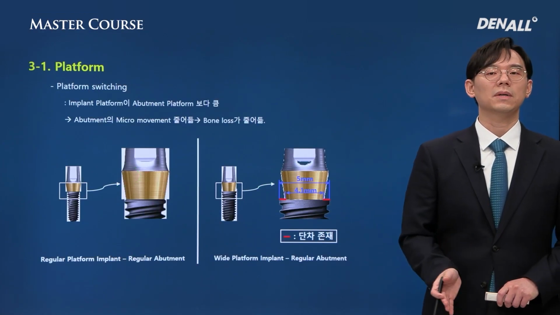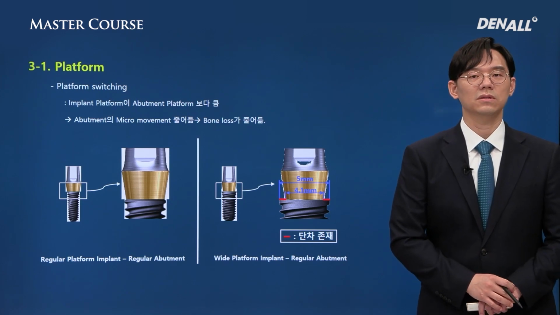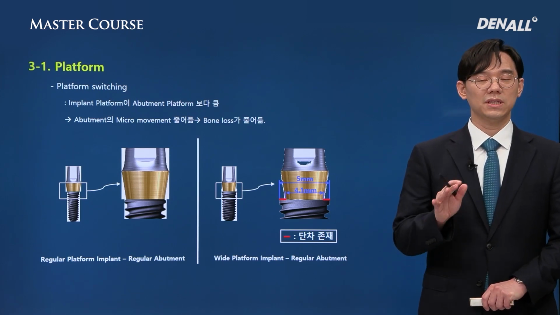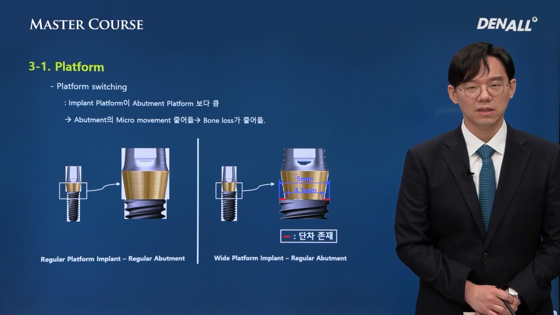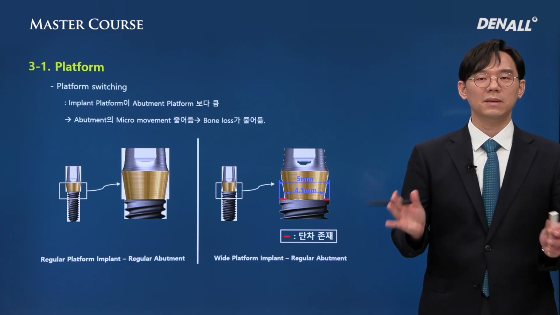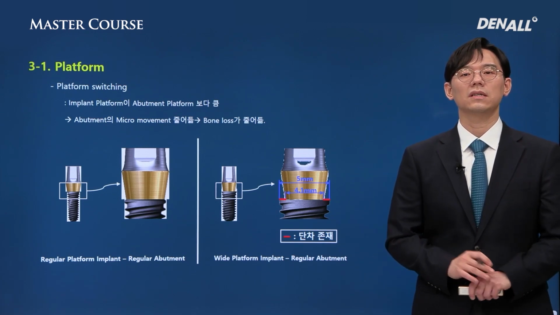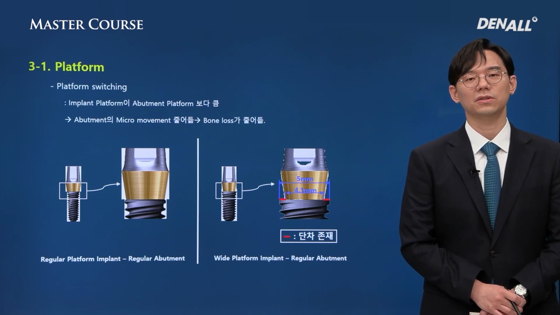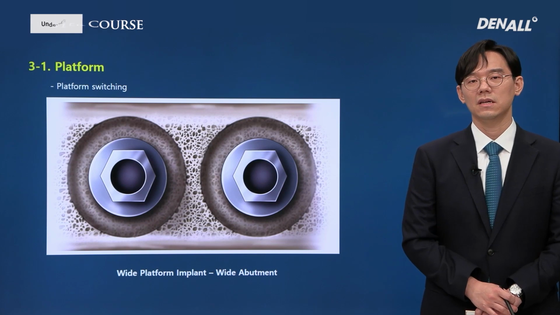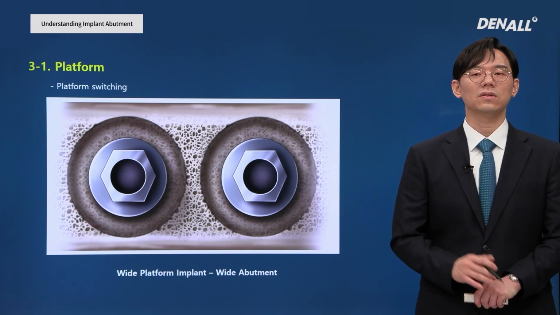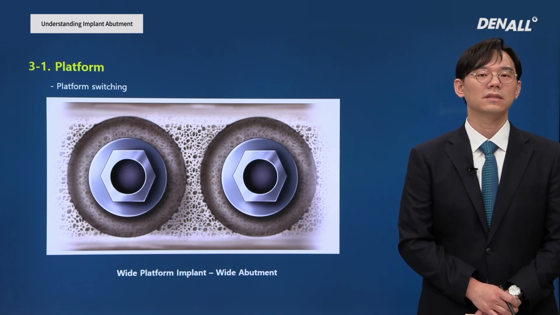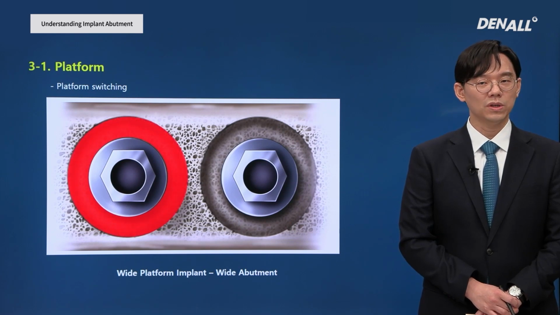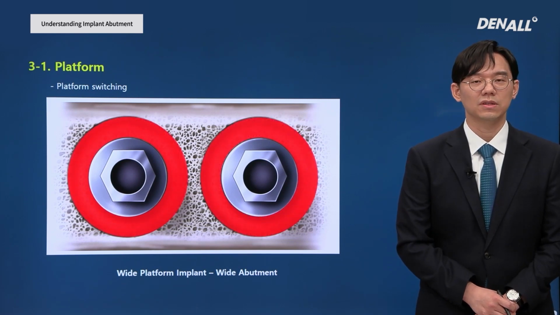I'm going to briefly address the platform switching. This concept is derived from external implant. If you connect the regular abutment on wide platform, you can see that there is less bone loss around the implant. In external implant, if you connect the right size abutment, then you can see a certain level of surrounding bone loss.